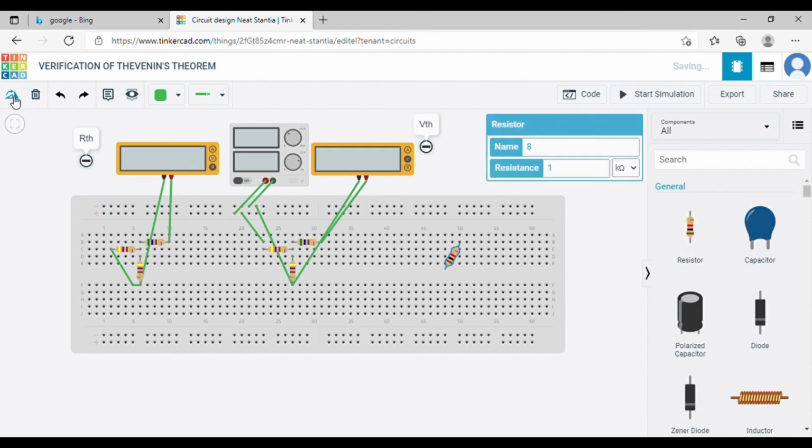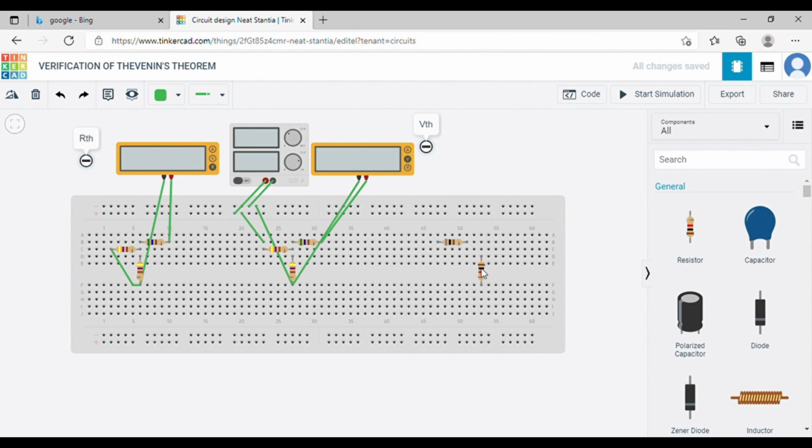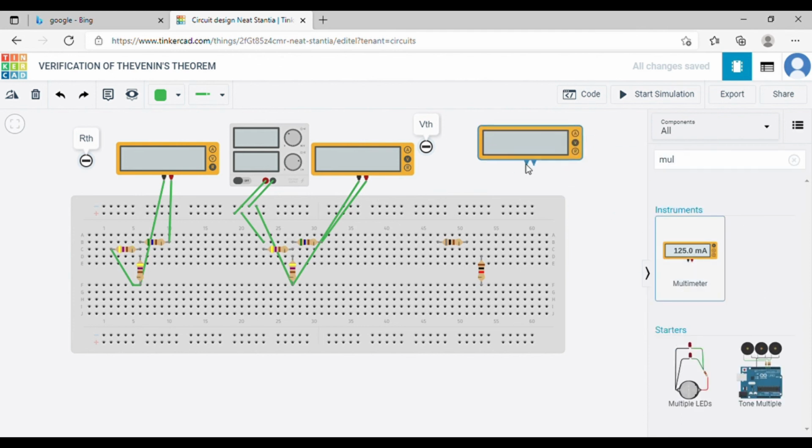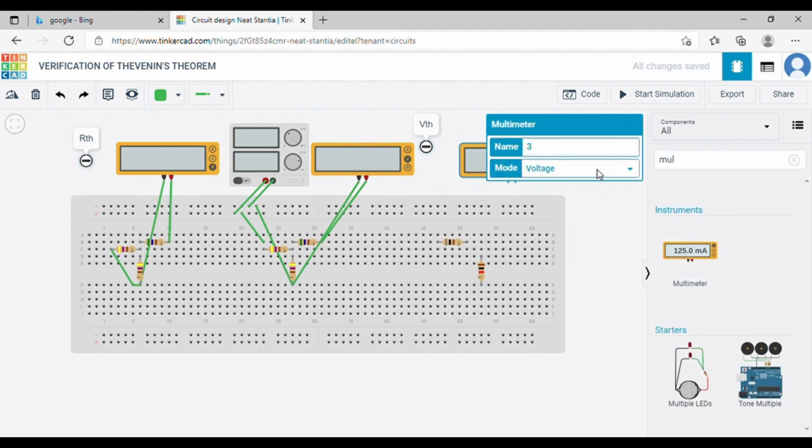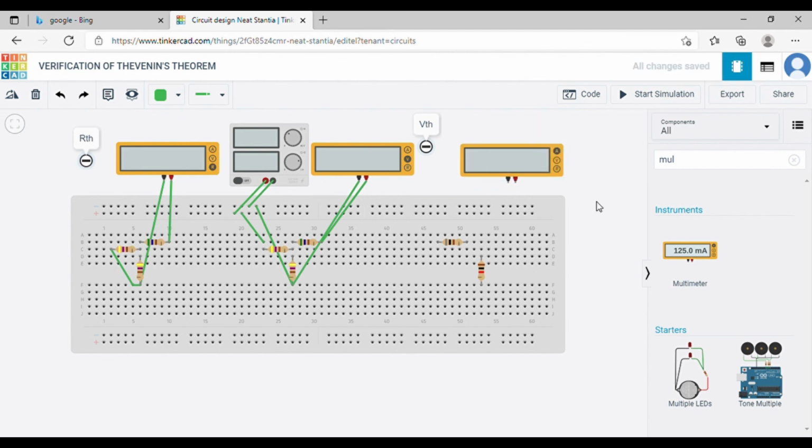Now we are going to implement the third circuit to calculate the value of the load current IL. The mode of measurement is changed to amperage to measure the value of load current.